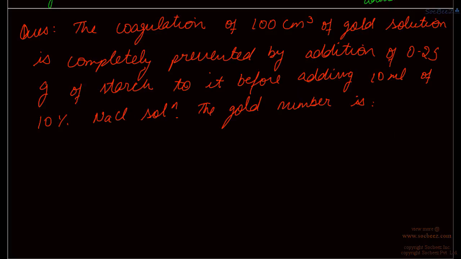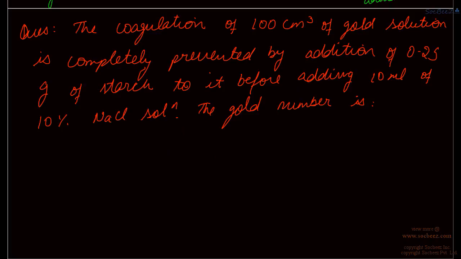The gold number is... Okay, so the gold number of starch is the milligrams of starch added to 10 ml of standard gold solution just to prevent coagulation of gold salt when 1 ml of 10% NaCl is added to it. In this case, 10 ml of 10% NaCl is added to 100 ml of gold salt.